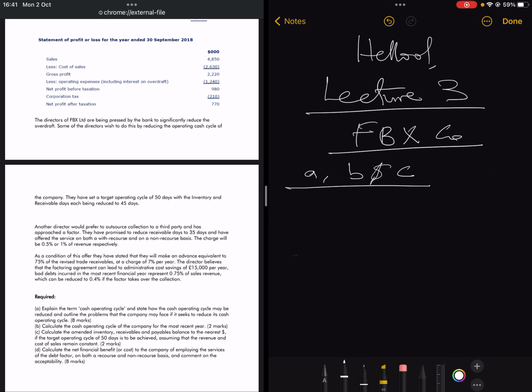Now, that is the part of the question we need to solve A, B, and C. So to be clear on what they want to do, they want the cash conversion cycle to be 50 days. That's their target.